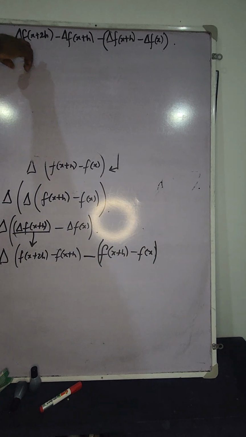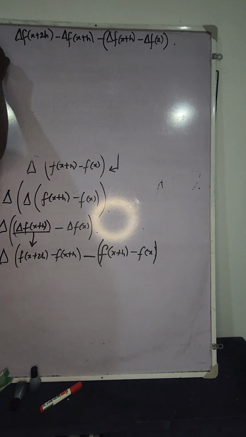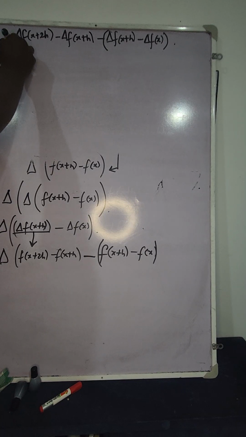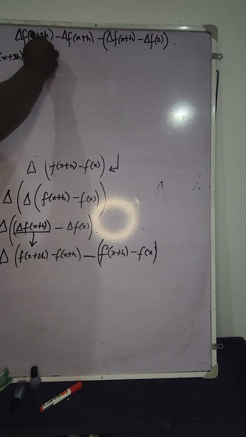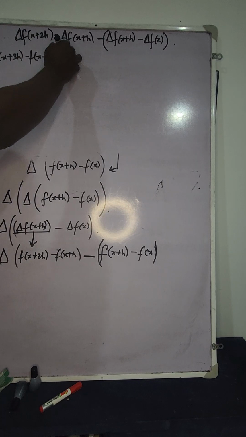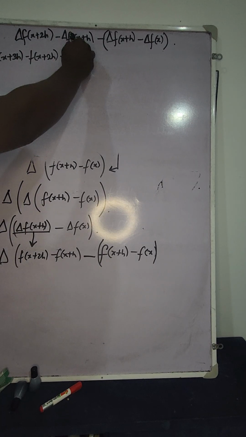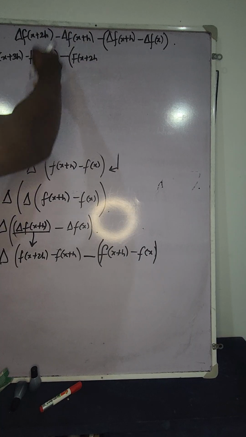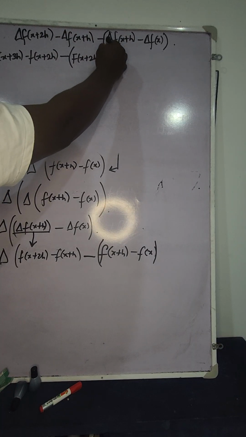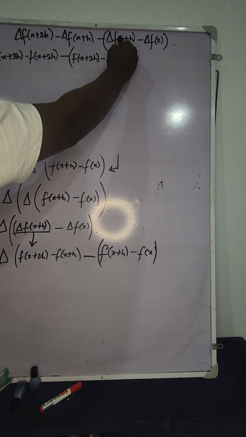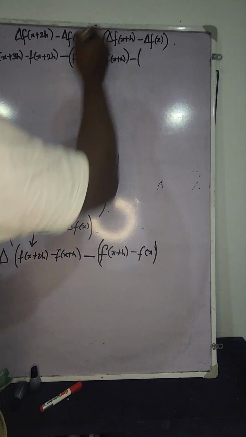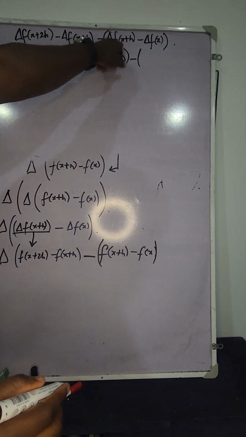And so from here, this will be interpreted to f of x plus 3h minus f of x plus 2h, minus f of x plus 2h. What's the forward difference of this? F of x plus 2h minus f of x plus h, right? Then we have a minus here again. What's the forward difference of f of x plus h?